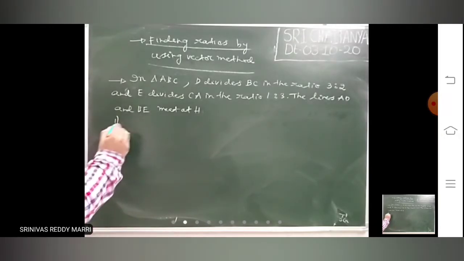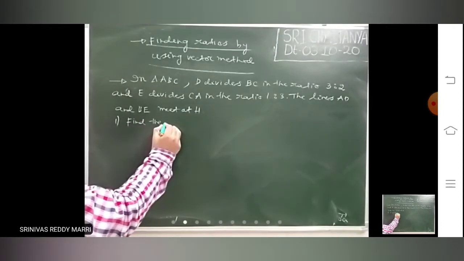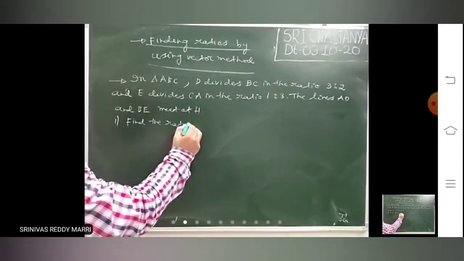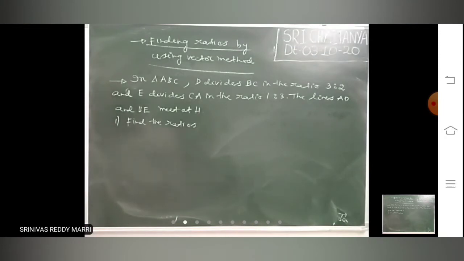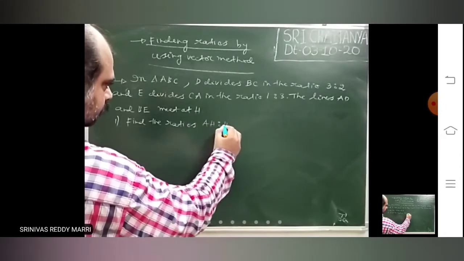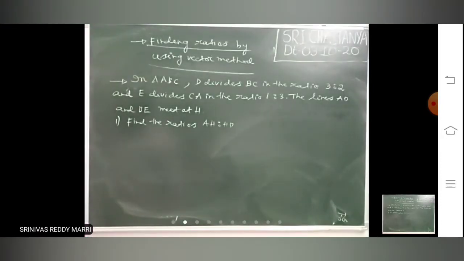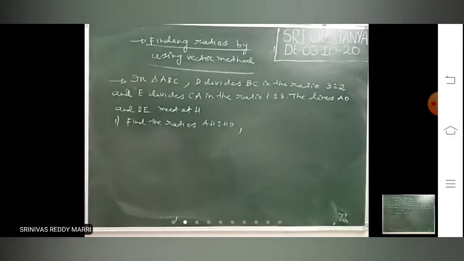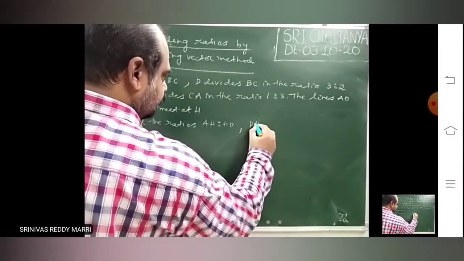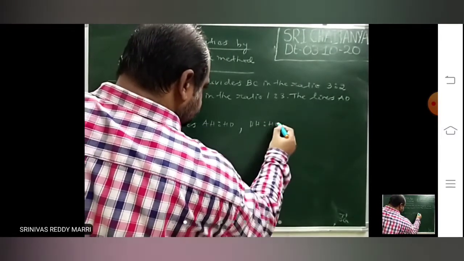Now first question is: find the ratios AH is to HD, comma, BH is to HE.